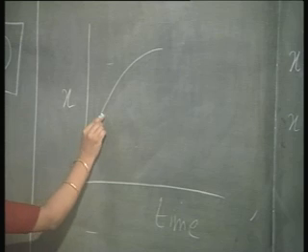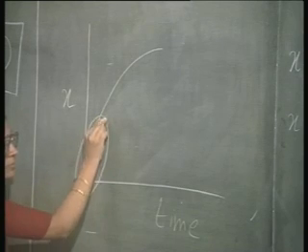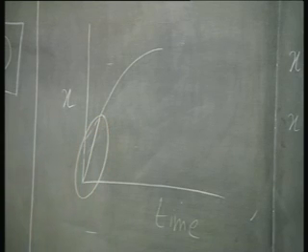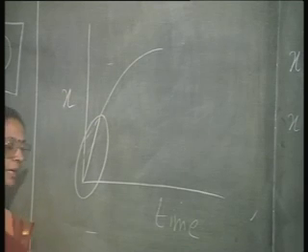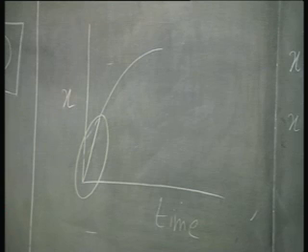So, this portion is not explained by the Deal-Grove model. That initial region of faster oxide growth is not adequately explained by Deal and Grove's model.